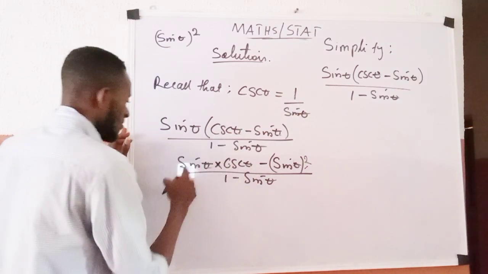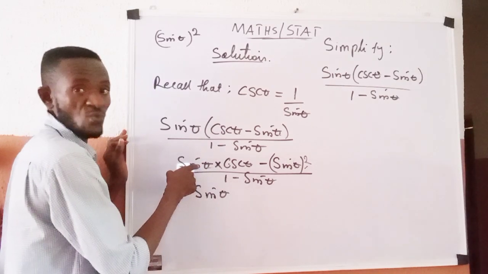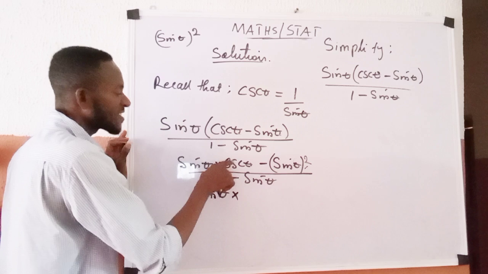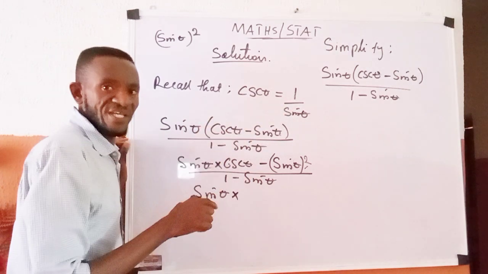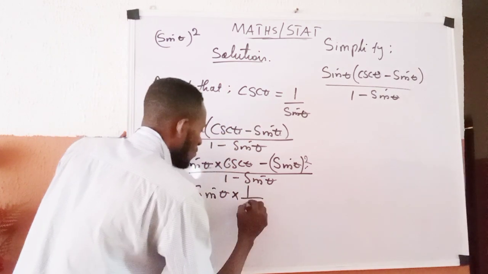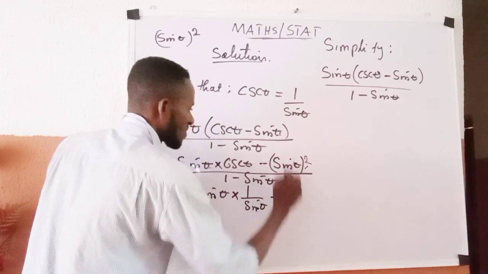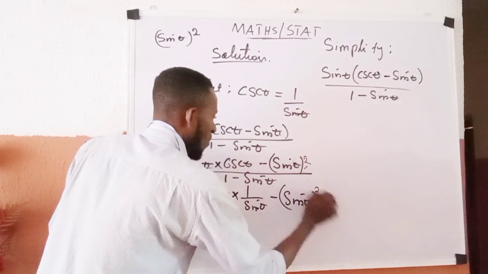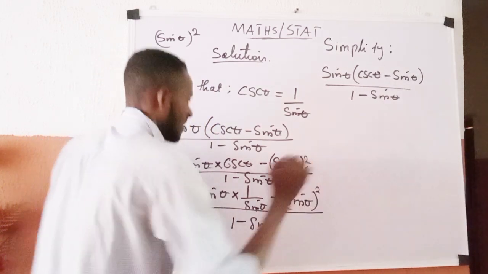What I have there becomes, here is my sine theta, which is in the equation, multiplied by, in place of this CSC theta, its equivalent, which is 1 over sine theta. So I have 1 all over sine theta, minus sine theta all raised to power 2, all over 1 minus sine theta. That's what I have.